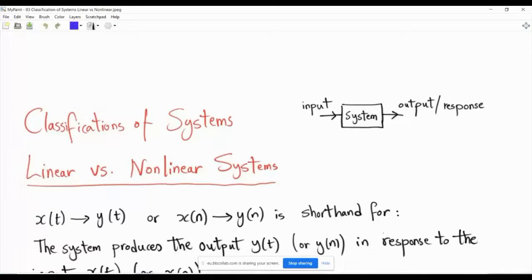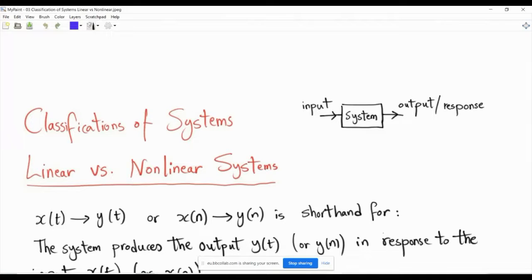Basically, the system takes a signal as an input, and it generates as an output another signal. Think of it as something that you give a signal, and its output, sometimes called the response, is another signal.